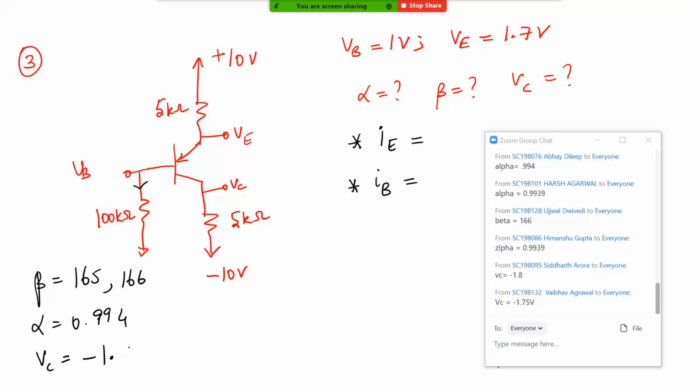Sir, I'm getting exactly 1.80. Okay, but actually it is minus 1.75. I think the others are also, I'll check. Yeah, you can just check. Yes. Okay.